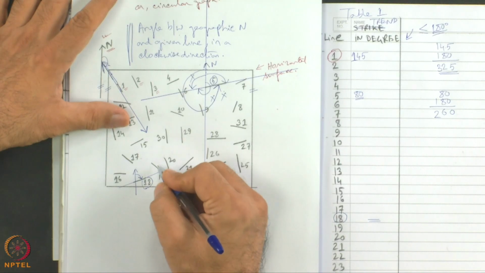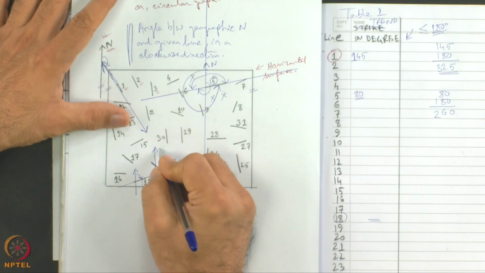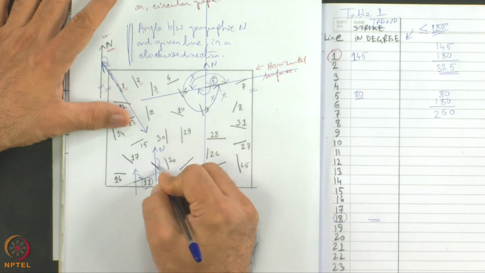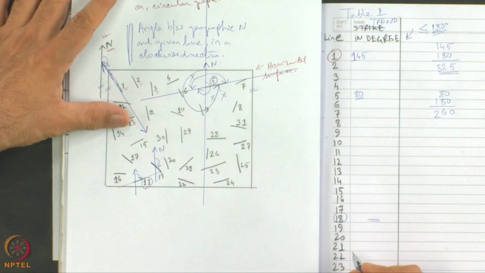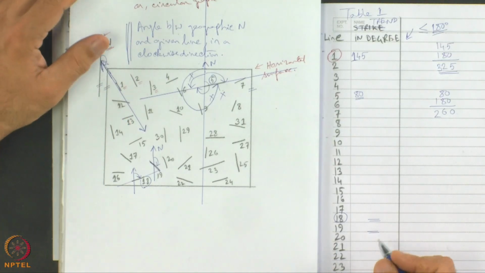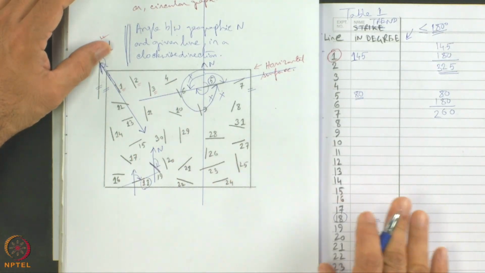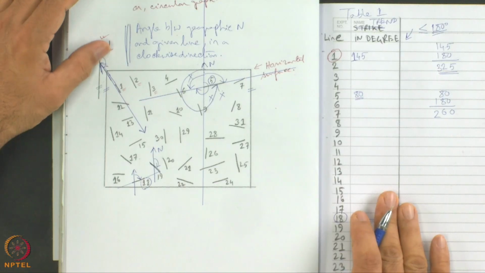And what about line 19? This is the geographic north direction. So, this angle, which is an obtuse angle, is to be measured and written over there. So, suppose all these angles have been measured accurately and written in this table.